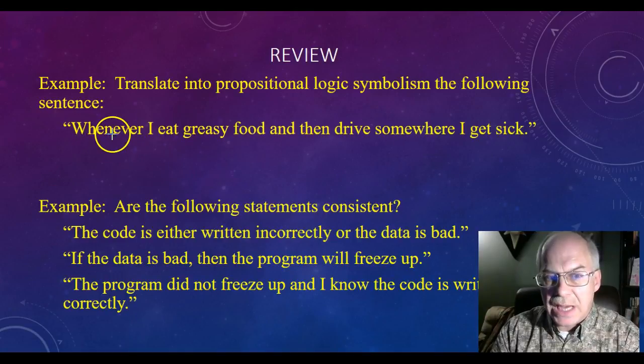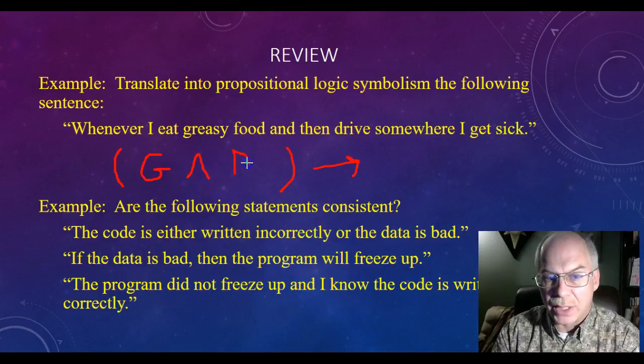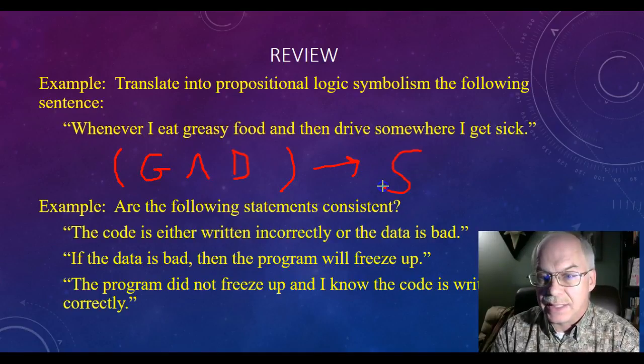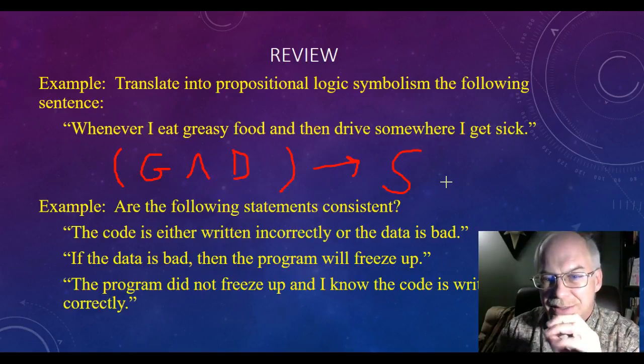So I'm going to put parentheses and then an arrow, and I'm eating greasy food and driving somewhere, so I'm going to do an and. So the greasy food and driving somewhere, if those are both true, then I get sick. So that's how you could write it in symbols. Excuse my second grade writing there.